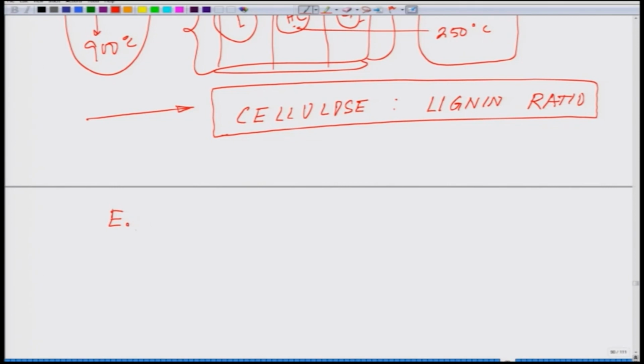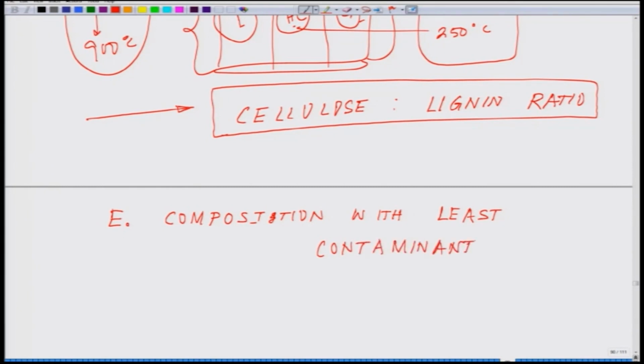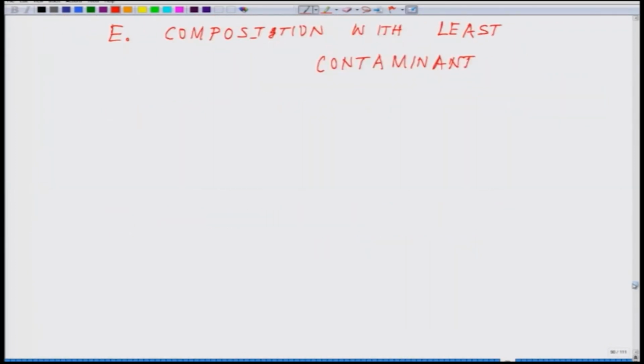so that is why I had to go to the contaminant point: composition with least contaminant. See for example, some of the species have a lot of alkali metals and they have a lot of issues with it.